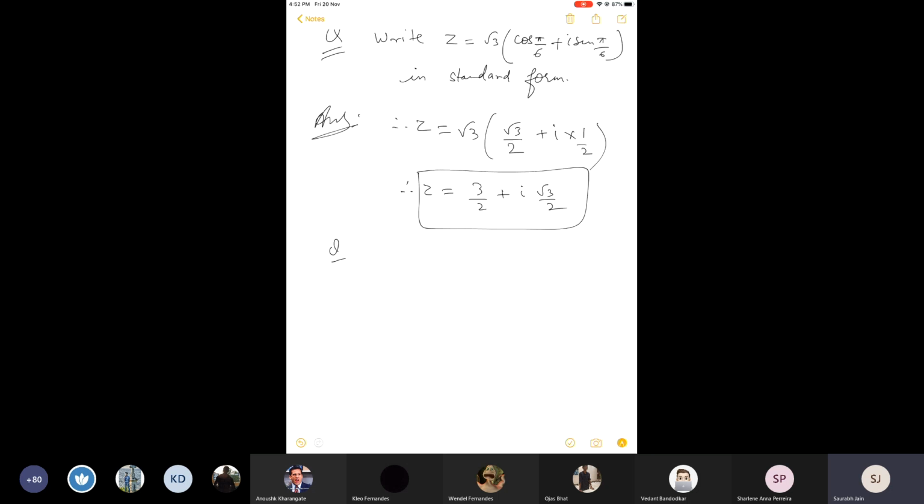Okay, I will just give one question, you can tell me what is the standard form. Root 2 cos 5 pi by 4 plus iota sin pi by 4.